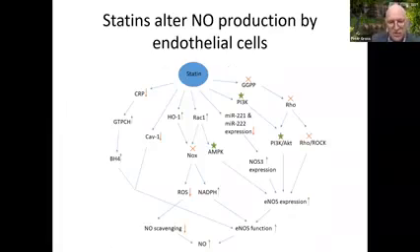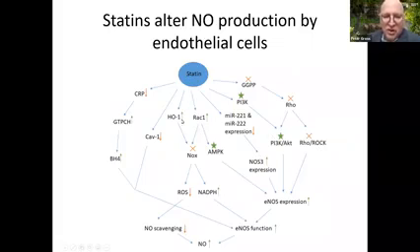So this is a review article on statins and endothelial cells. So statins make endothelial cells make more nitric oxide. In a very complicated way, there are a number of different reasons why this happens. The main mechanism I've gone through is via the prenylation route on the right here, where you get increased eNOS expression because of altered prenylation of Rho and Rho family proteins.